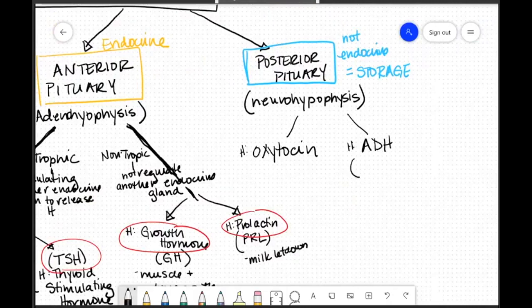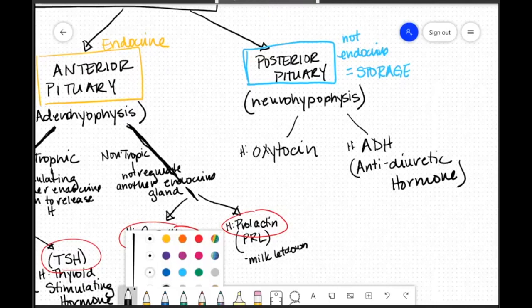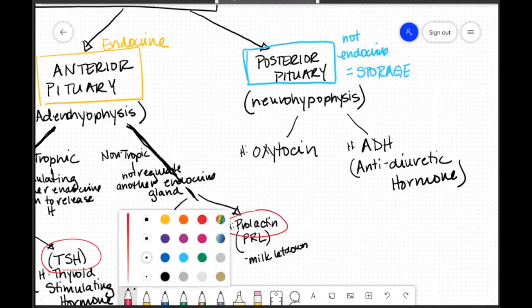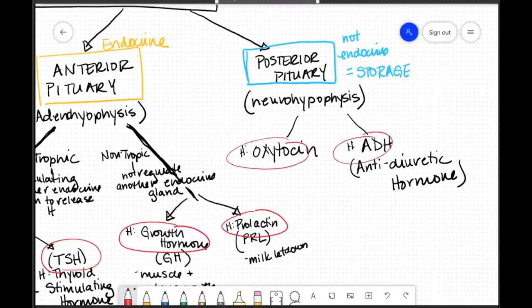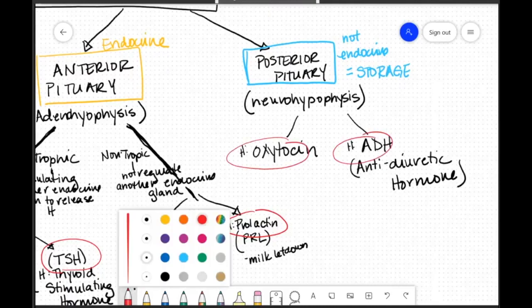ADH stands for antidiuretic hormone, which will also regulate your water levels. So these are the last two hormones that you need to know about, oxytocin and ADH. They, again, are not produced, but they are stored in the posterior pituitary.